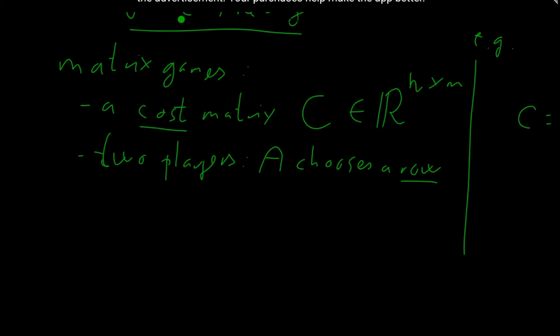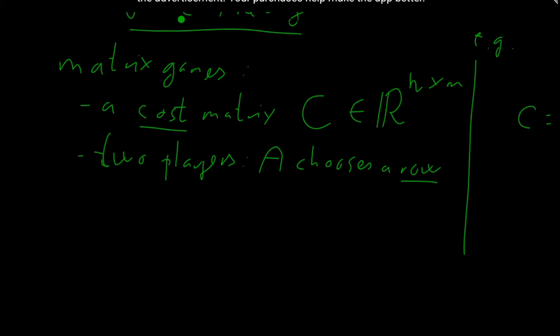So she is the row player, and generally A is a female player and B is a male player, or vice versa, just to make them differentiable, but it doesn't really matter.